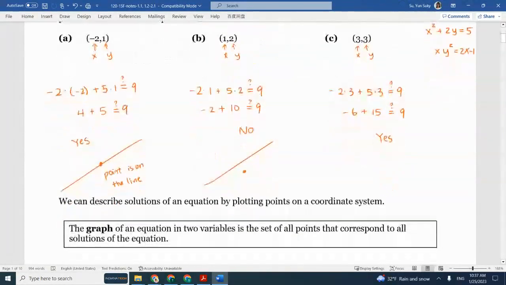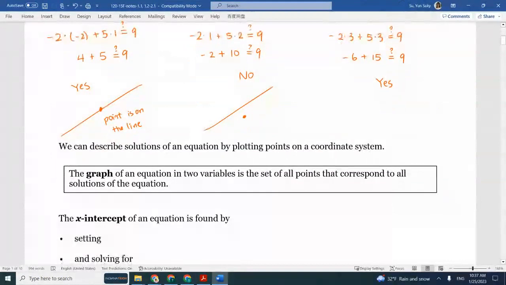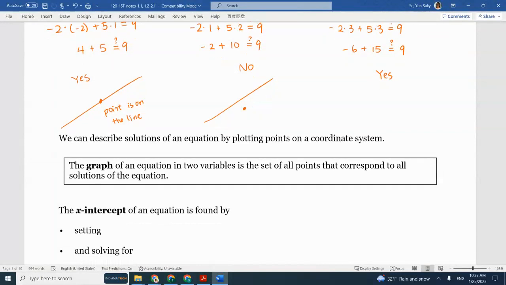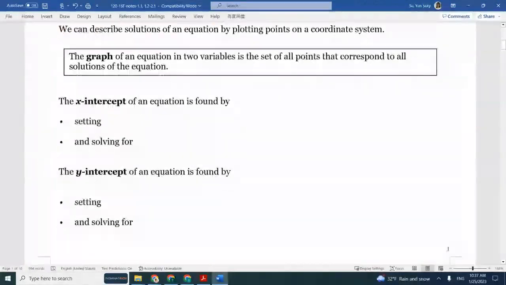All right, so continue. We can describe solutions of an equation by plotting points on a coordinate system. The graph of an equation in two variables is the set of all points that correspond to all solutions of the equation. Okay, so for example, y equals x squared.